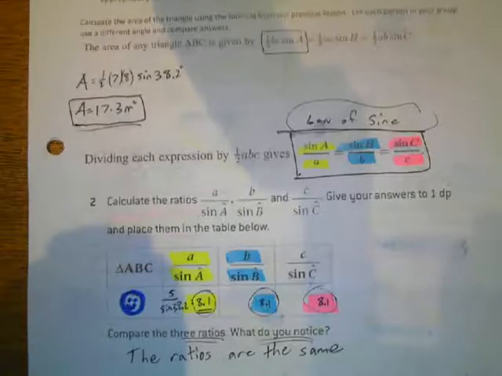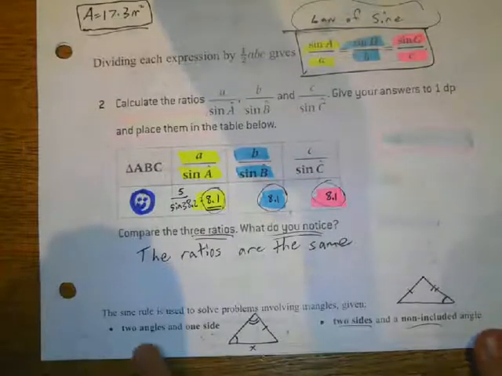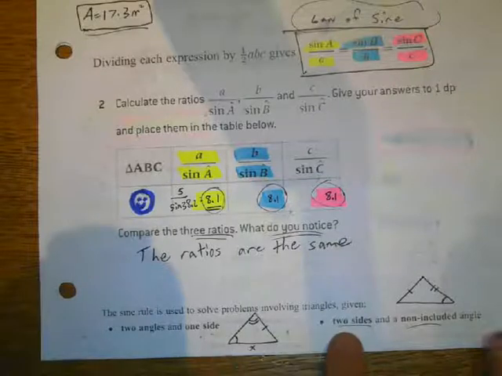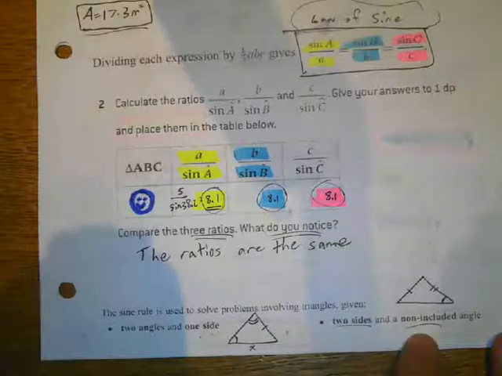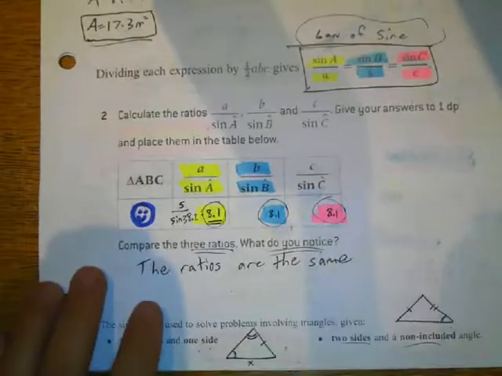So what do we notice? We notice that the ratios are the same. And so this works for when you have two angles and one side, and this also works when you have two sides and an angle that is not included, basically not in between the two sides. Okay.